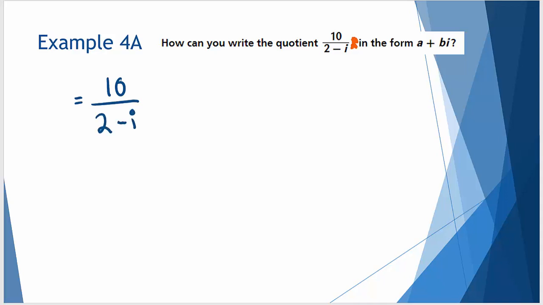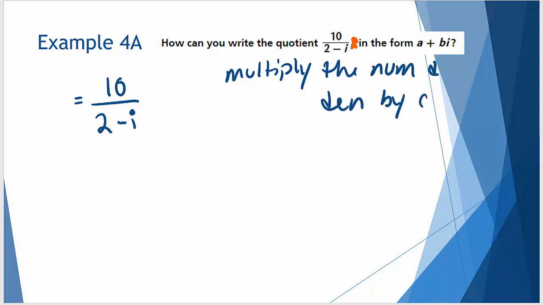And we want to simplify this to be in the form of a plus bi, so in the form of a complex number. So we're going to multiply the numerator and the denominator by the complex conjugate, because we just determined that if we multiply by the complex conjugate, it will give us a real number.